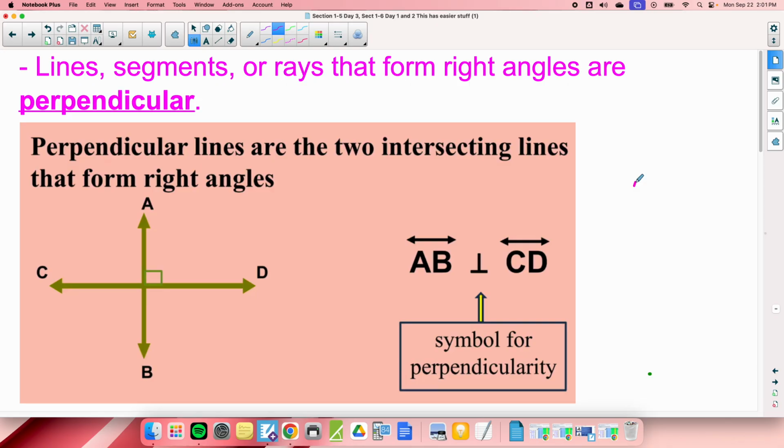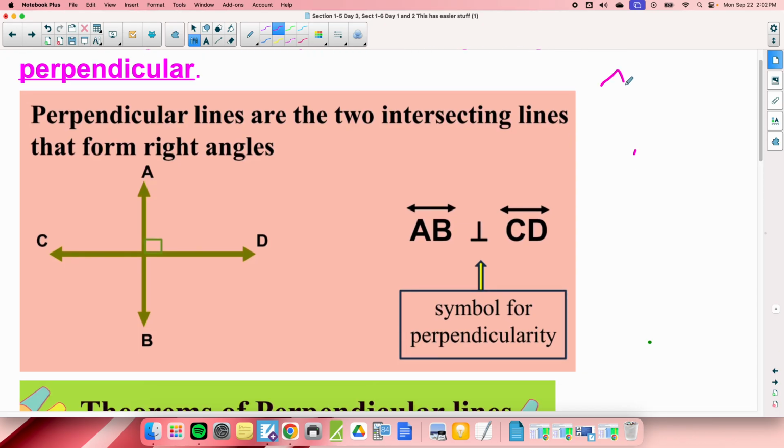You can have 2 lines that are perpendicular. And when we have this, you guys, perpendicular lines look like this. They form that. What is this? A 90-degree angle.